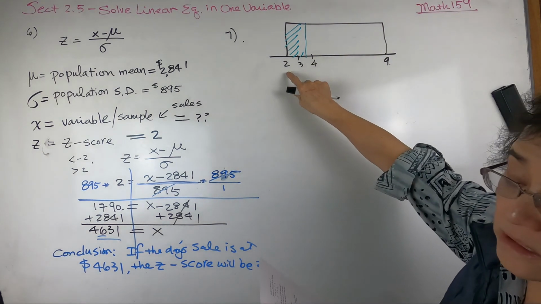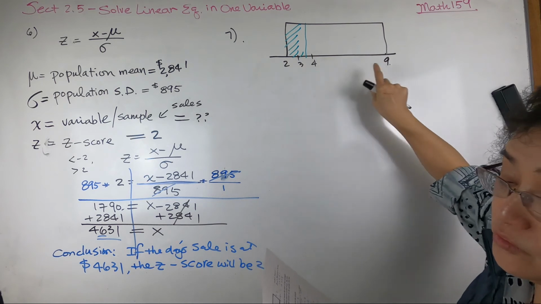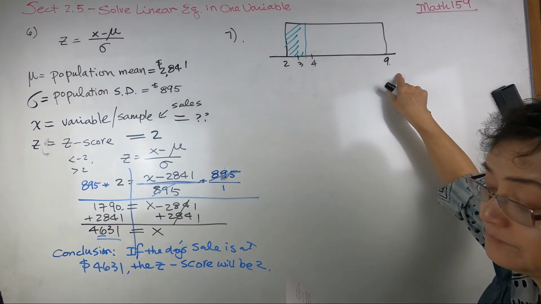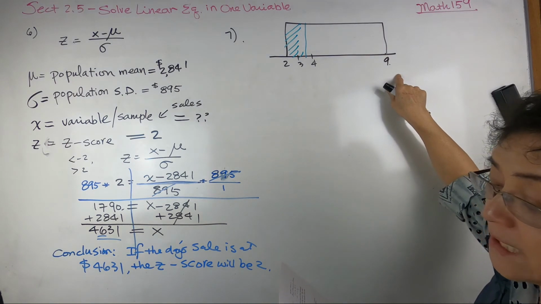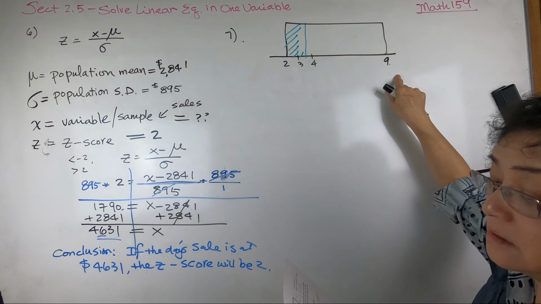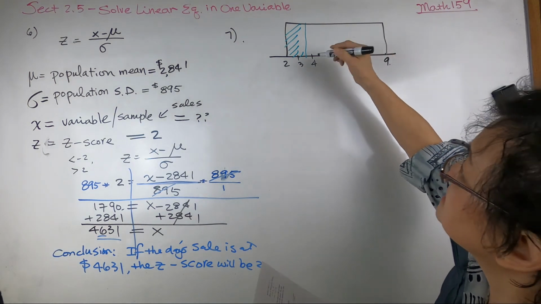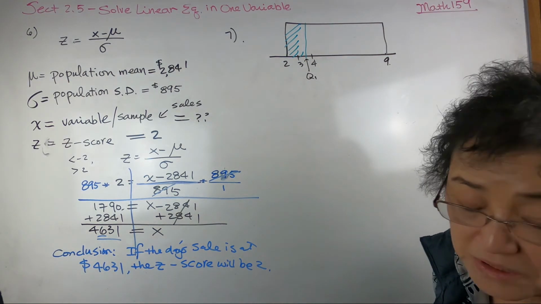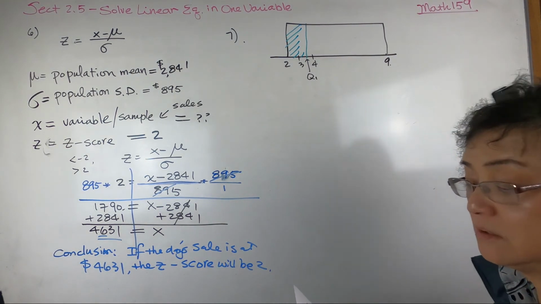If it goes from 2 to 9, they ask for the first quartile. Quartile means what? The first quarter of the area. This is the first quarter, right? Quarter means 1/4 of the area, okay?